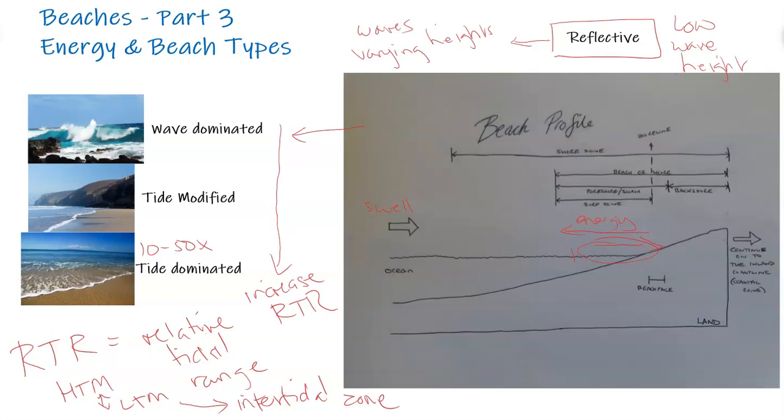Now this could create a steeper profile, a steeper berm, and a sand cliff right here. If it's more wave dominated, or if it's tide modified, it would be slightly less, and obviously tide dominated will be a very, very gentle profile, and the water would just reflect off slowly.